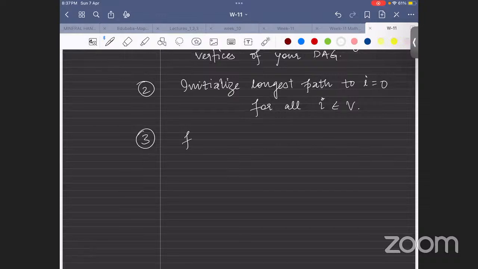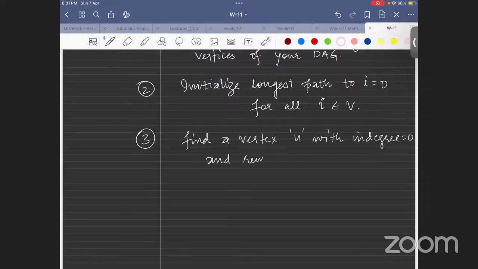So now we have to find that vertex u with in degree equal to 0. Then you have to remove that vertex, meaning remove this u from the DAG, and add this to your topological sorting, and also give the longest path that has been assigned till now.